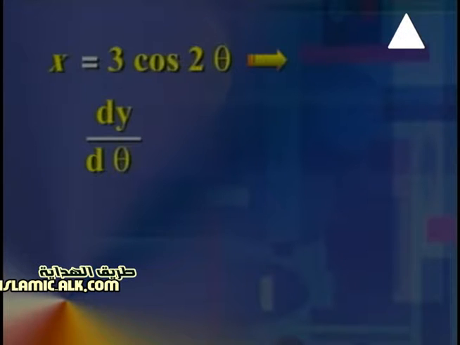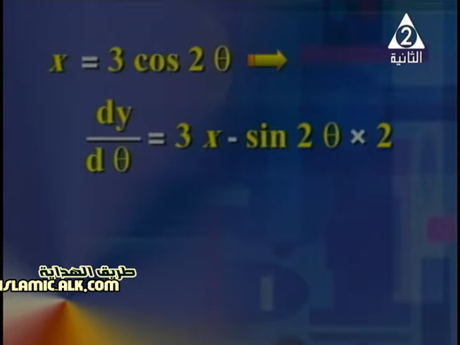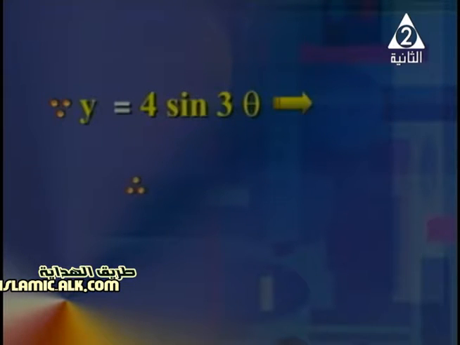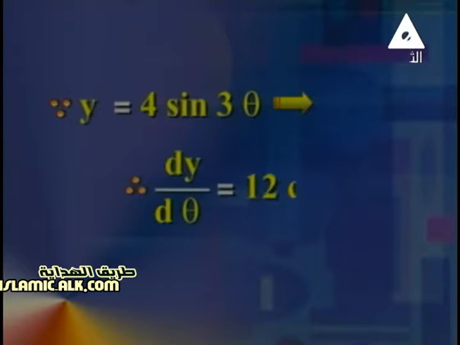When x equals 3 cosine 2 theta, dx over d theta equals 3 times negative sine 2 theta times 2, negative 6 sine 2 theta. Since y equals 4 sine 3 theta, dy over d theta equals 4 times 3, 12 cosine 3 theta.